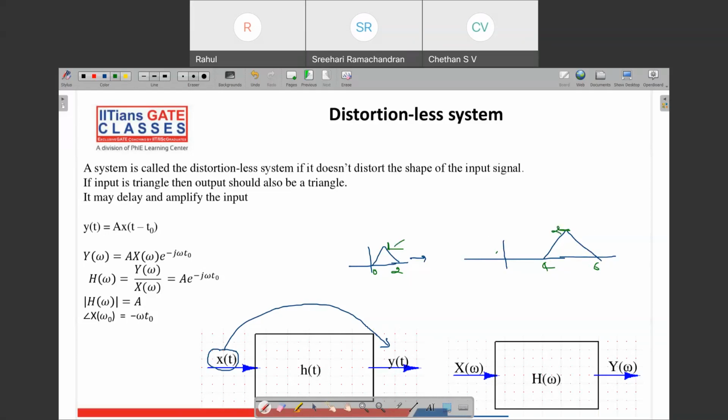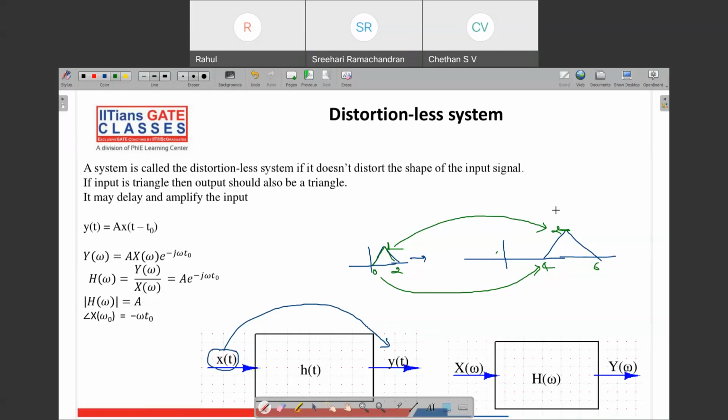So there can be some amplitude modification, there can be some delay, but it should not change the property of the signal. What I mean by property is that if you are sending a triangular signal, it should not make it some kind of rectangular or other signal. If you are giving a sine, the output should also be a sinusoidal signal. If you are giving a rectangular, the output should also be rectangular. The system should do only the amplitude modification and the time delay.